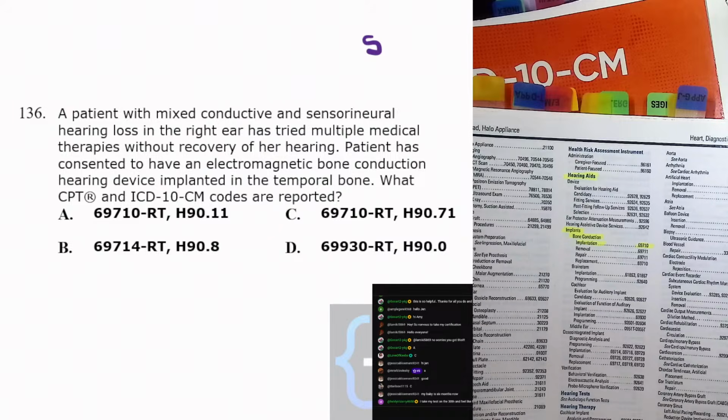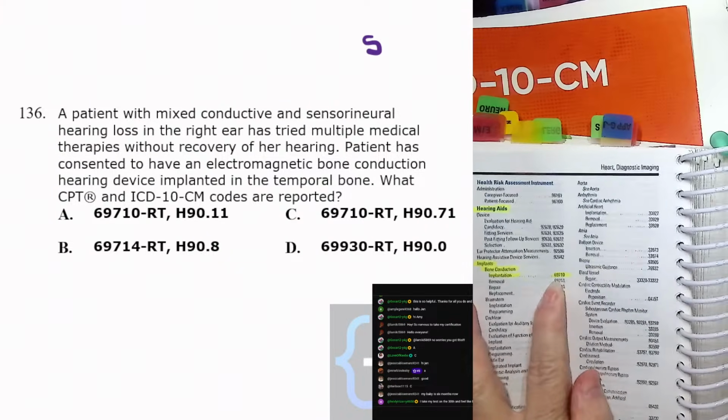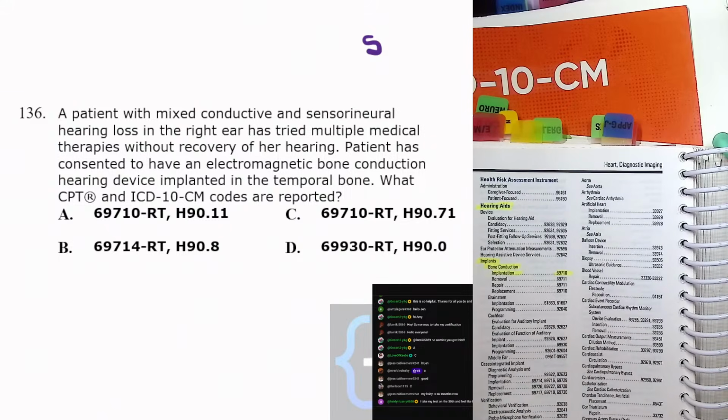That tells us our answer has to be 69710, which we already really knew anyway, because two of our answers start off with the same exact answer.